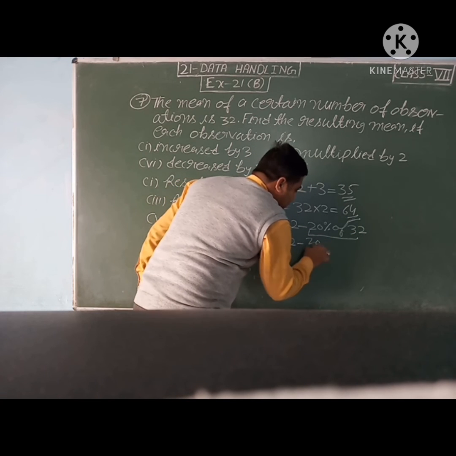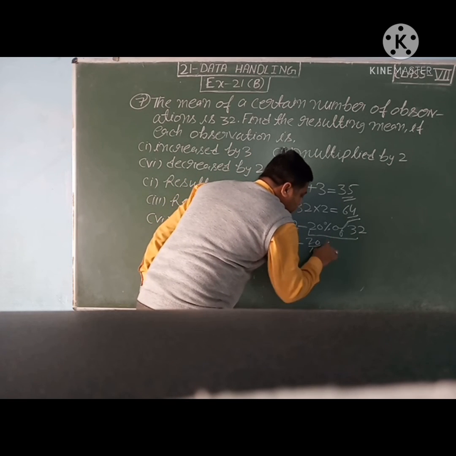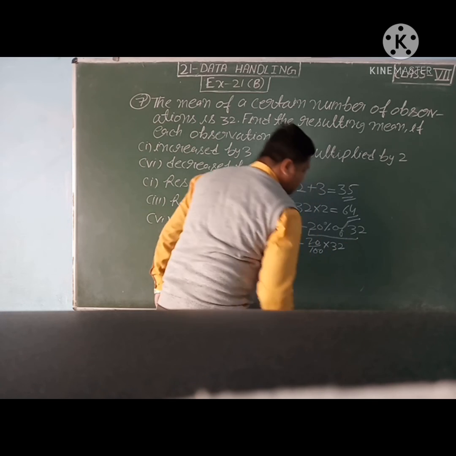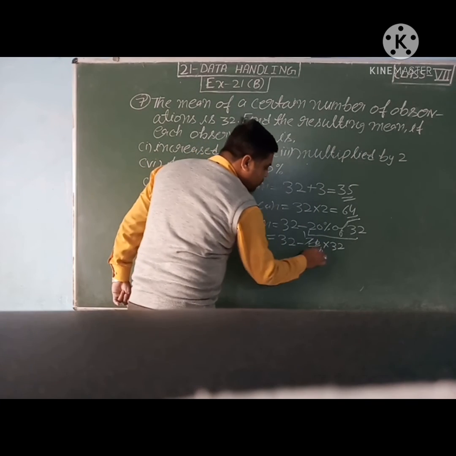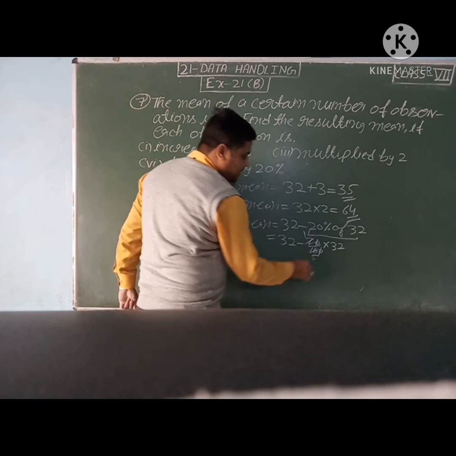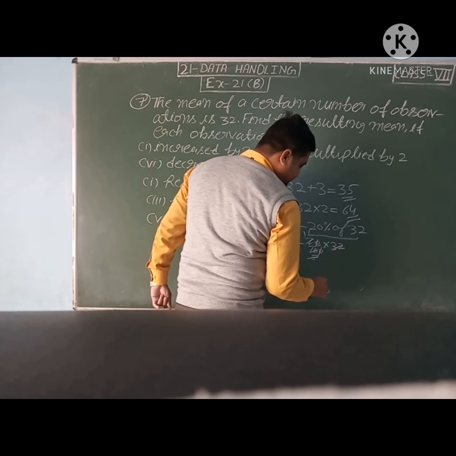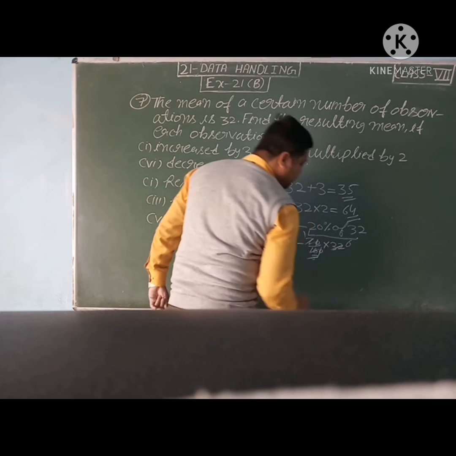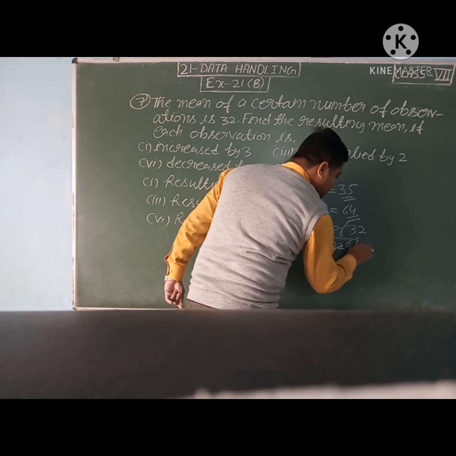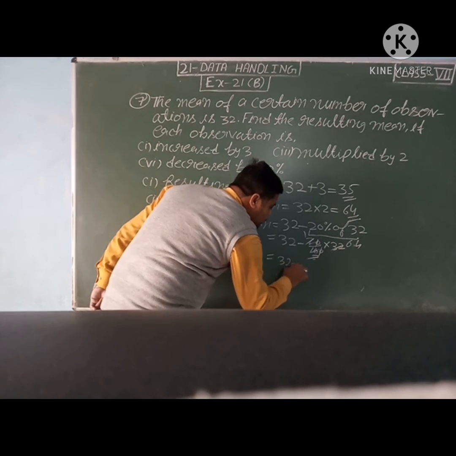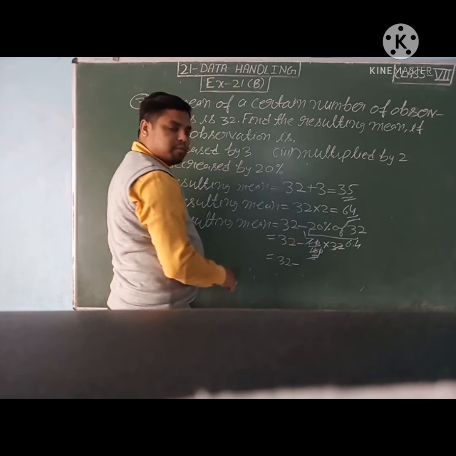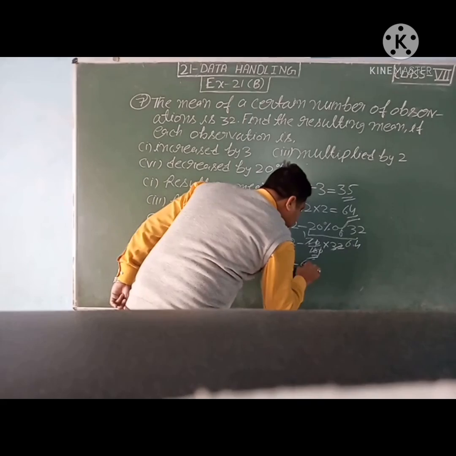So 20 upon 100 multiplied by 32. So 0 and 0 cancel. 2 ones are 2, 2 fives are 10. Then 5 sixes are 30, 2 is coming. 5 fours are 20. So it is equal to 32 minus 6.4, which is 6.4.